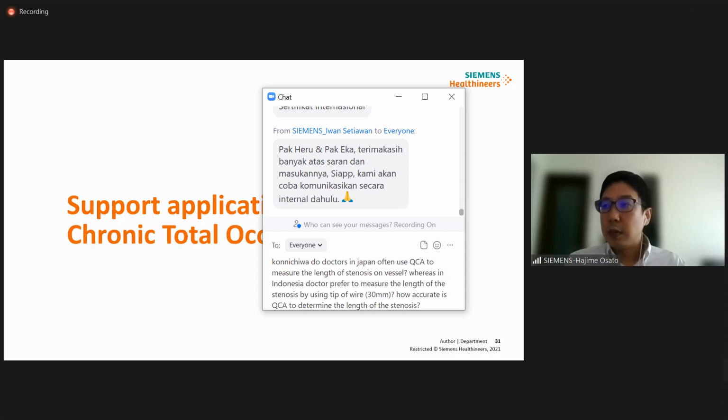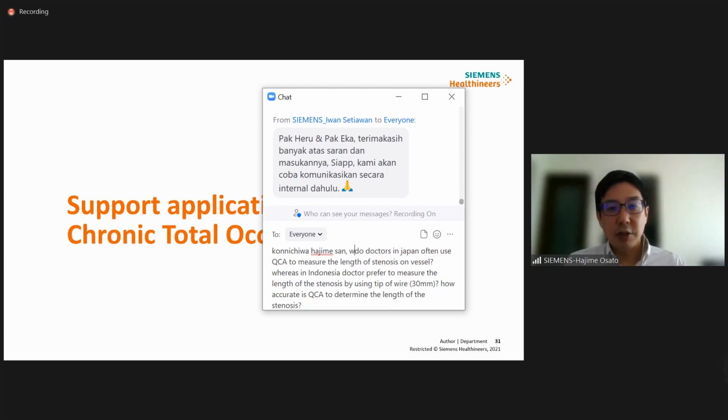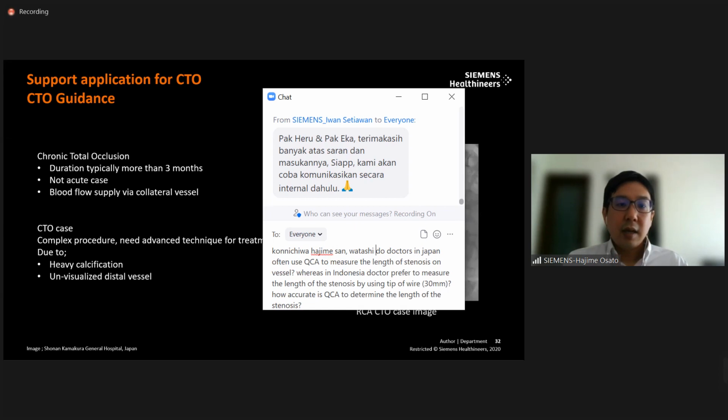And I want to introduce a support application for chronic total occlusion, called CTO Guidance. CTO Guidance supports chronic total occlusion cases. A CTO case is commonly past more than 3 months, which means it is not an acute situation.